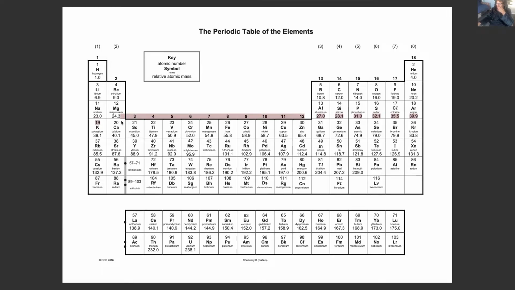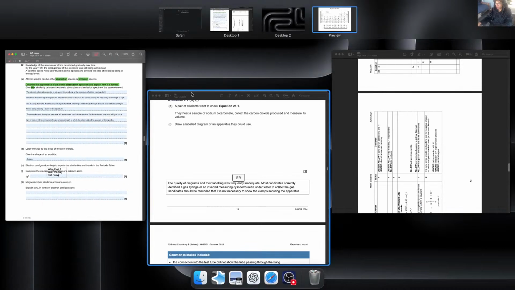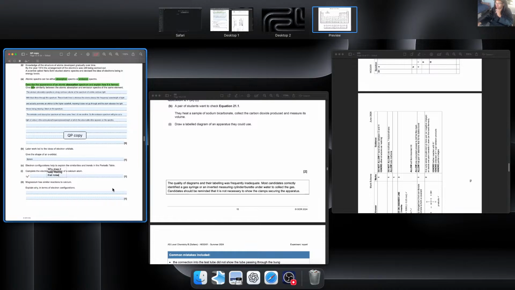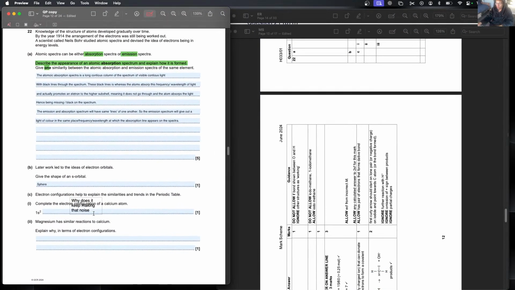Calcium is 20. So it's gonna end in 4s2. Bro, what? Why did it type out what I was saying?